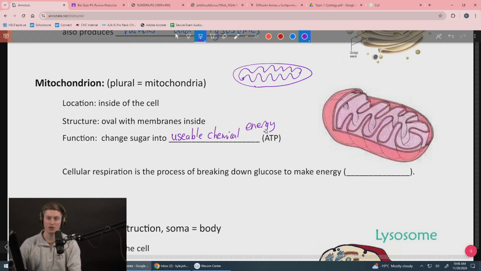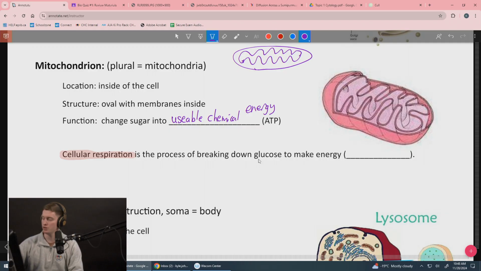It is a molecule that we can use to activate different proteins and different functions inside the cell. Cellular respiration is the name of a chemical reaction where we break down glucose. Glucose is a type of sugar to make energy. And the energy form that we make is chemical energy in the form of ATP.